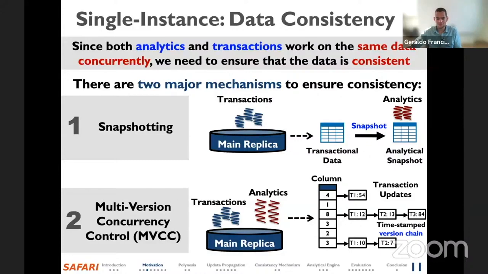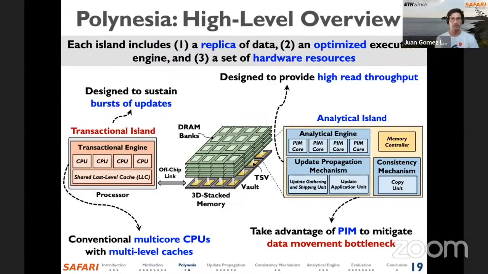Yeah. Okay, you have a very nice slide that introduces the two islands, the transactional island and the analytical island. And in that slide, I think, yeah, it's exactly this one. You mentioned here that the transactional island has a replica of the data. Where does this replica reside? So all of the data from both transactional and analytical islands is sitting in main memory.